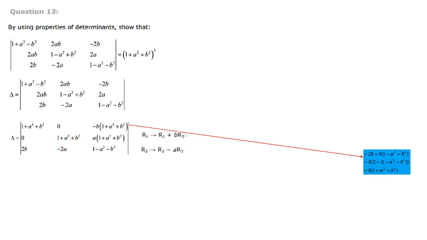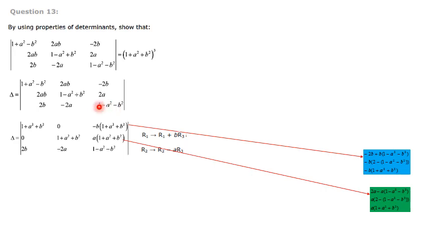Next again the same operation, r2 changes to r2 minus a r3. So r2 is here 2a minus ar3, that is a into 1 minus a square minus b square. Again that also we have to go for little calculation. Here you can see r2 is 2a, that is 2a minus a into r3.